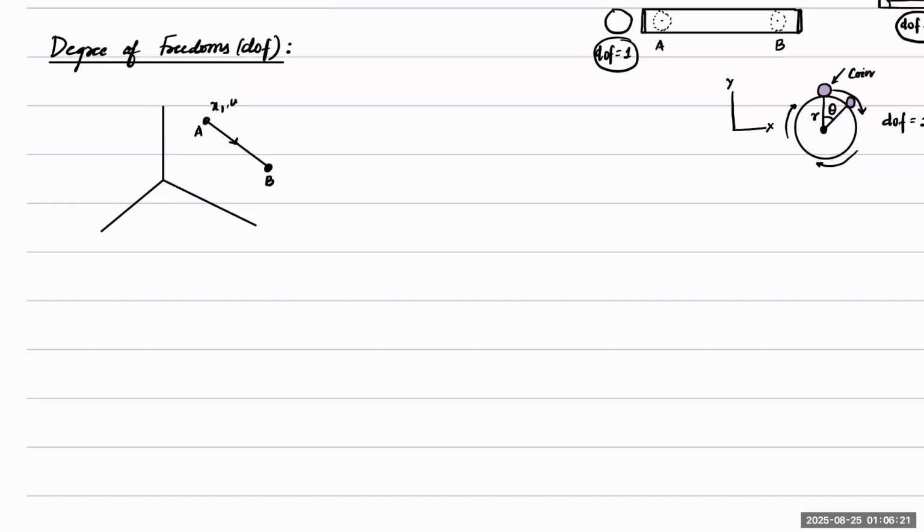Now it is moving to x2, y2 and z2. These two are the points we have, right? So from here to here, there is a movement of the ball or particle from A to B.